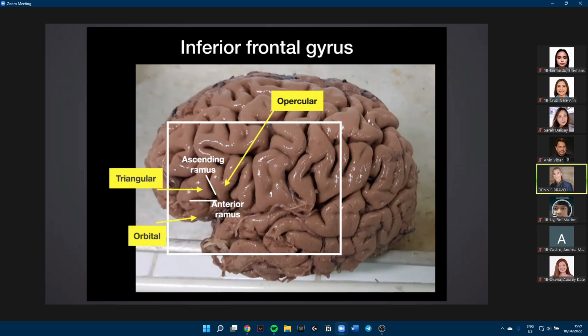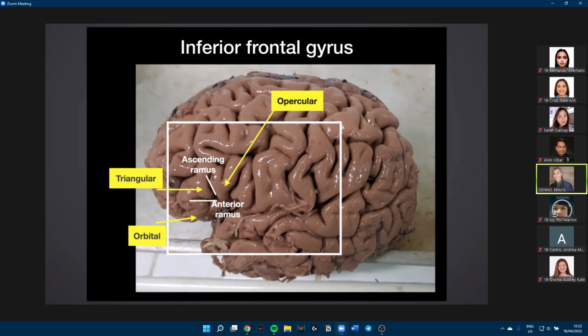It is here on the orbital, triangular, and opercular gyri where we can find what we refer to as the Broca center, the primary speech motor area. Or if we're going to use the Brodmann area classification, this is referred to as Brodmann areas 44 and 45.